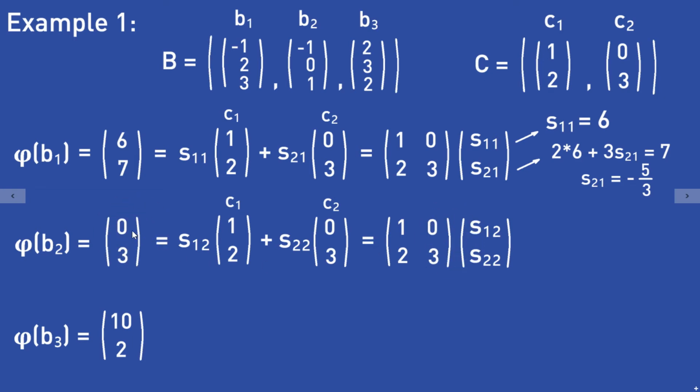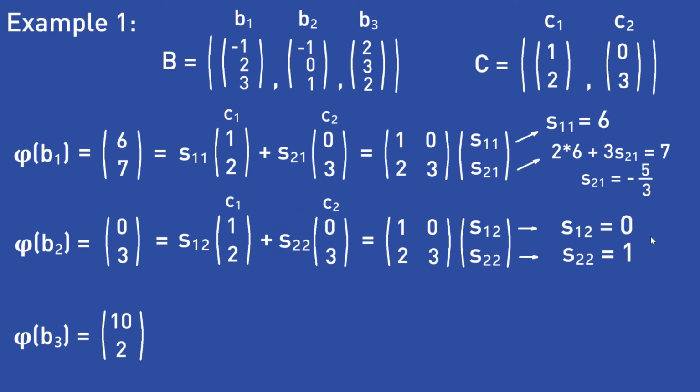We solve this system directly. So from the first line, we get that S12 is equal to 0. When inserting this in the second line, we get that S22 is equal to 1. So now we have found these two coefficients here and there.